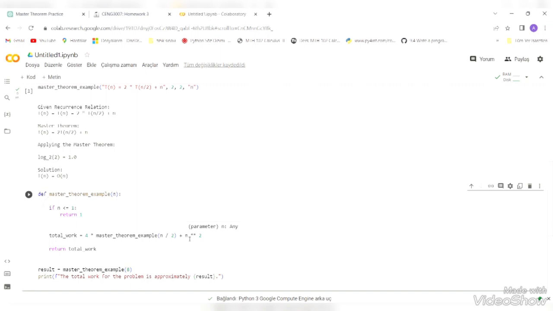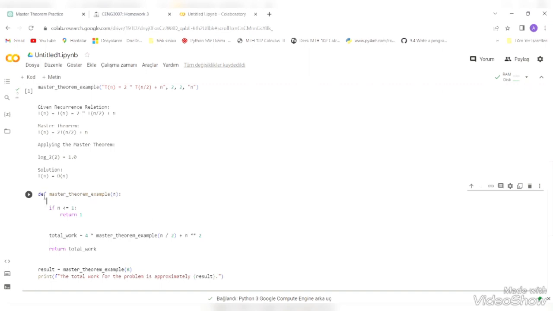This means that the total work for a problem of size n is determined by 4 recursive calls, each working on a problem of size n divided by 2, plus an additional n squared work at each level. We have created a function called master theorem example to model this recursive behavior. It takes a parameter n representing the size of the problem.